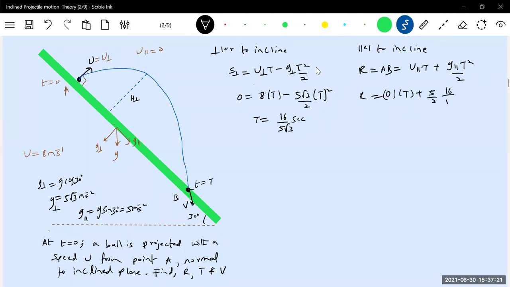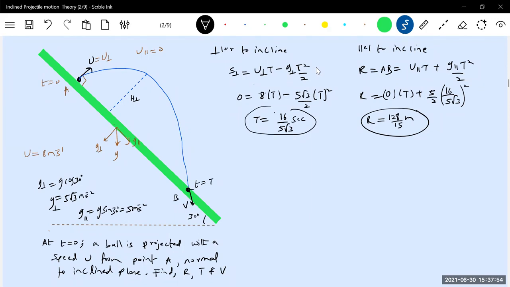This will be 16 by 5 root 3. Range is equal to 8 by root 3 meter. T square is 128 by 15. Okay, let's leave it here. These are the values I got: time and range.